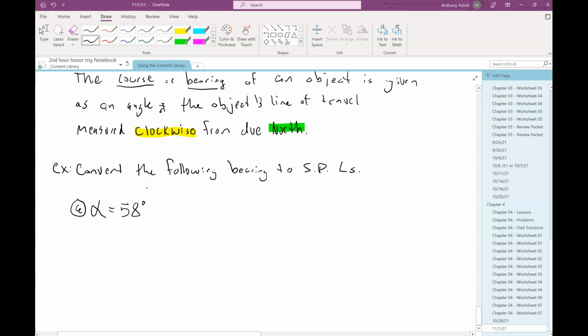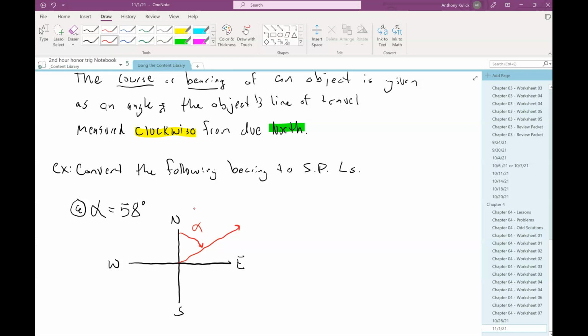So this is a bearing. Bearings start at due north, and they go clockwise, so that's my alpha, right? Everybody agree with that?